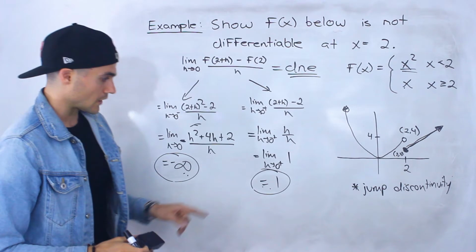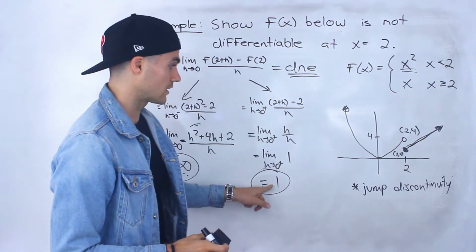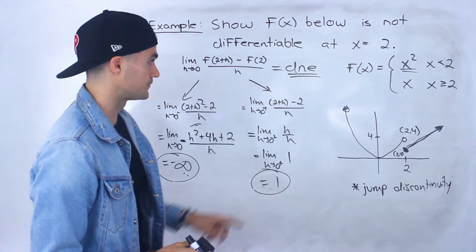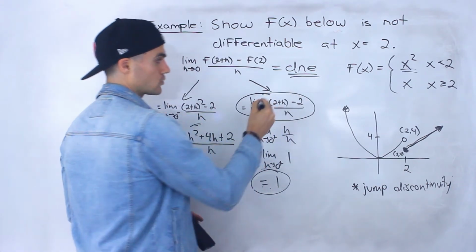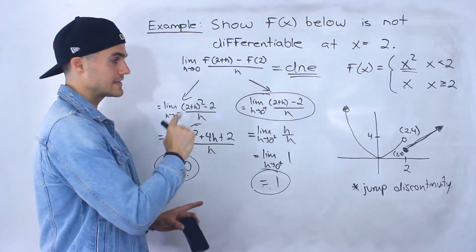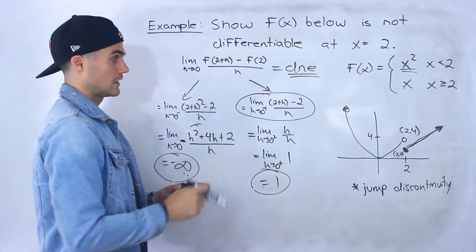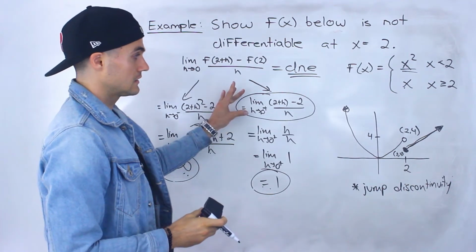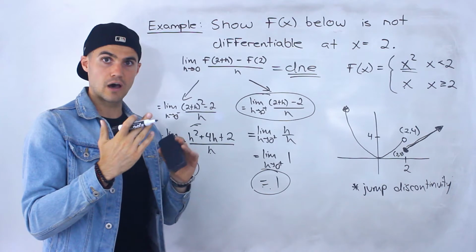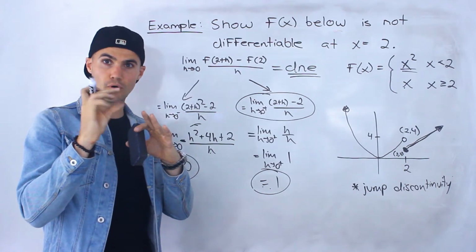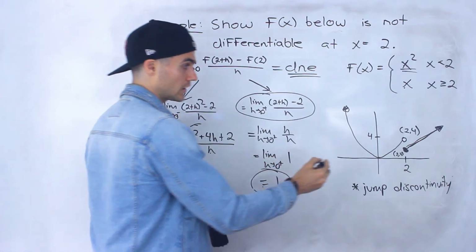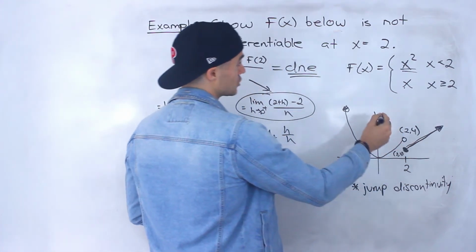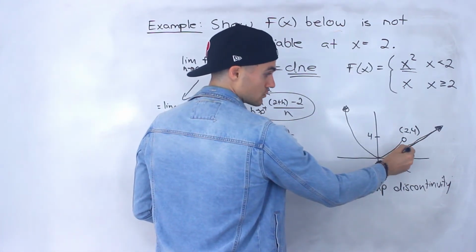So let's start with this 1 here. Why is this 1 happening? Now remember, the difference quotient, what is it doing? It's finding the slope of a line between 2 points that are really, really close to each other. And the point that we're looking at, we're trying to find the slope of the tangent at this x value of 2.